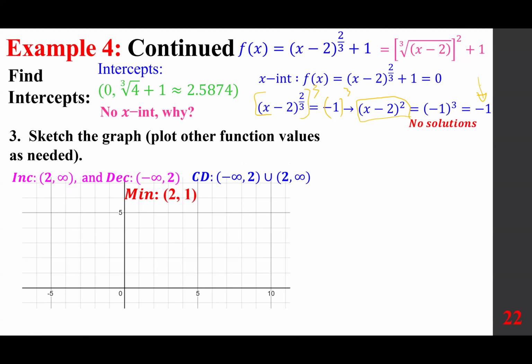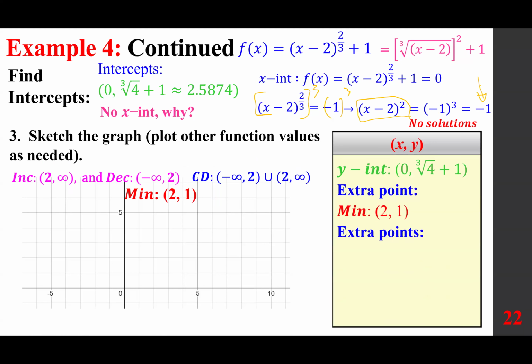And now we are ready to sketch the graph. First, we write the points that we have. This is 0, and instead of that, I'm going to say 2.5, 2.6 roughly. We have the minimum at (2, 1). And definitely we need a couple more points just to be on the safe side. We're going to go with easy points.